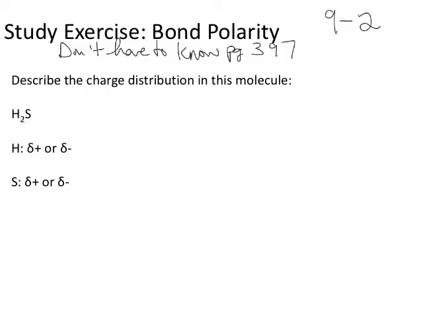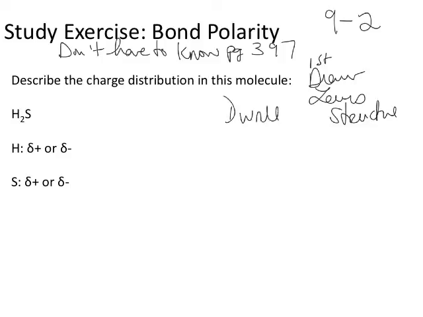The first thing you want to do is draw your Lewis structure. So when you're drawing the Lewis structure, the first thing you do is you write the skeletal structure.